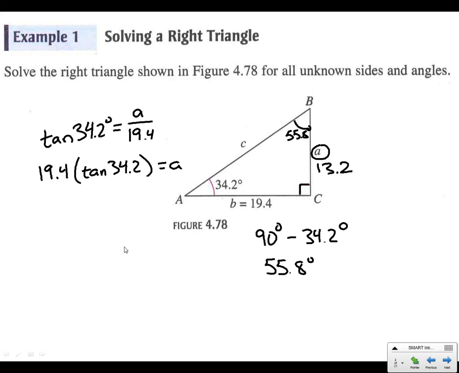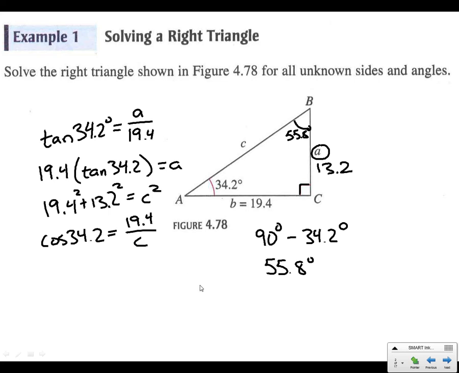All right, the last thing we could do, we could find C two different ways. We can do Pythagorean, 19.4 squared plus 13.2 squared equals C squared. Or we could do another trig function. For instance, we could do the cosine. Cosine of 34.2 is the adjacent 19.4 over C. So either way is totally fine.